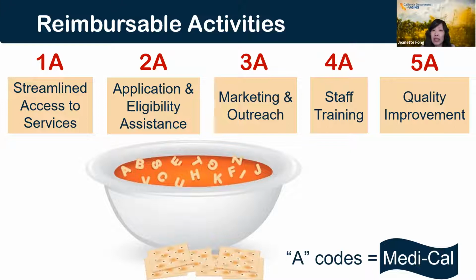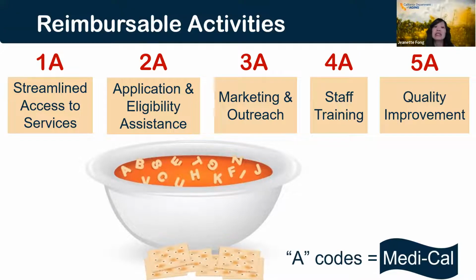Code 4A is staff training. This one is pretty straightforward. It has to do with participating in any type of training that has to do with Medi-Cal programs or services. By becoming better informed about Medi-Cal programs, you can better assist individuals with accessing those services, right?